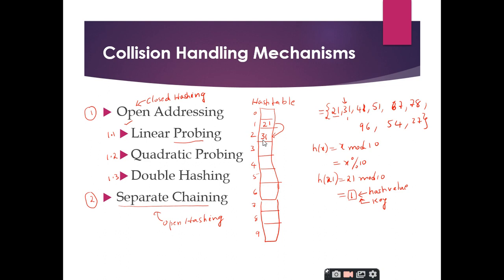Now go to the next element, 41. Again I pass 41 to the hash function. h of 41 is equal to 41 mod 10, which also results in 1. If I search in the hash table, the first index is already occupied, so according to linear probing I probe the next location.